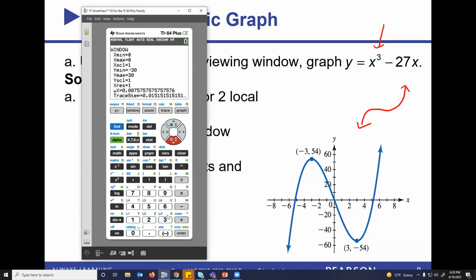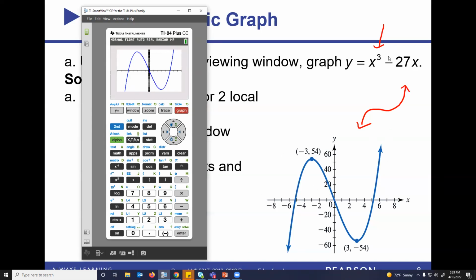And then -60 to 60. I forgot the negative on my x min. There we go. And we can see that now my graph looks a lot like that, and I can actually see that whole shape.